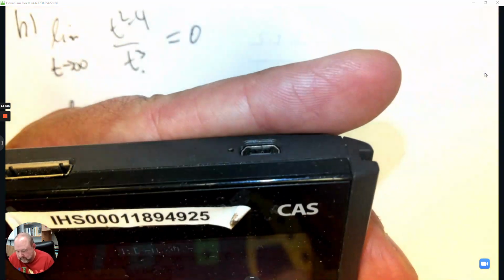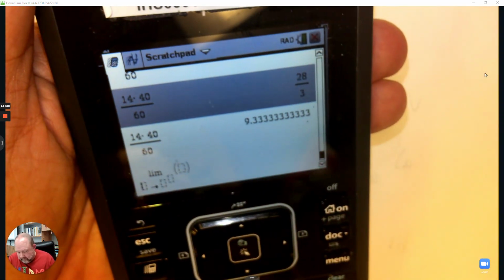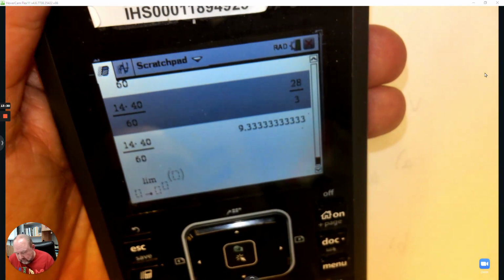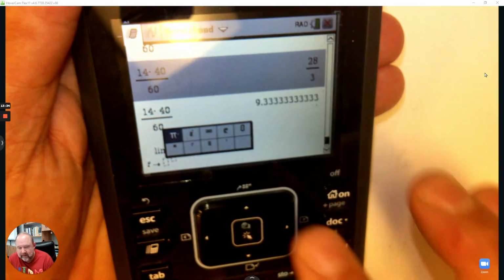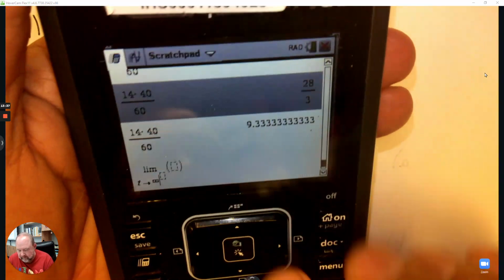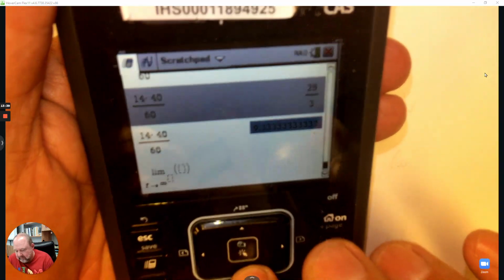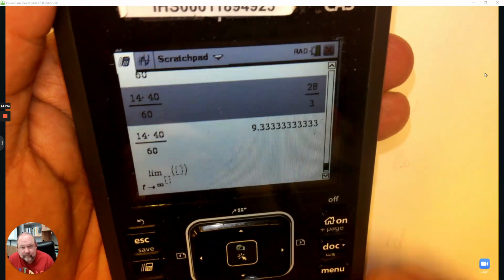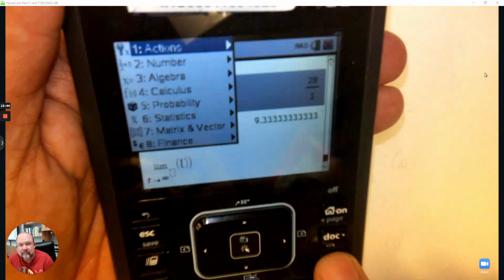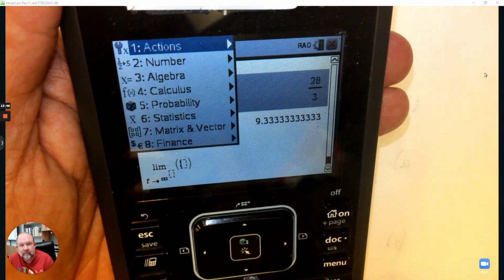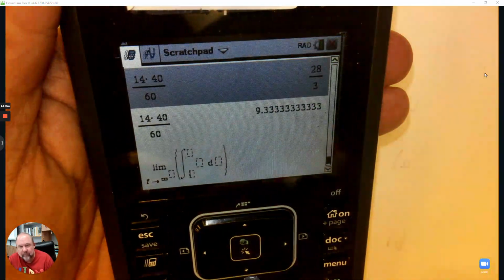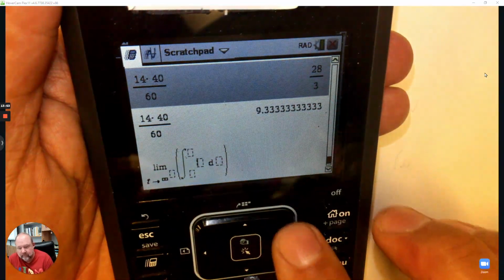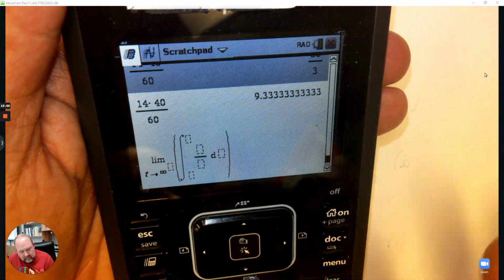So if I go menu calculus limit, I can use any letter. So I can use t to infinity. Infinity is where the pi button is, so press pi and then find infinity. And then I'm going to type it in. See if this works.